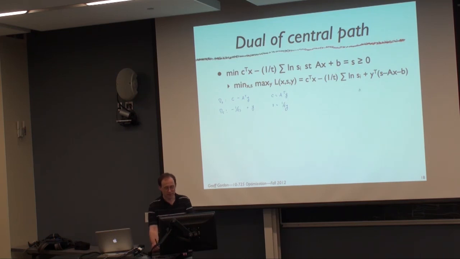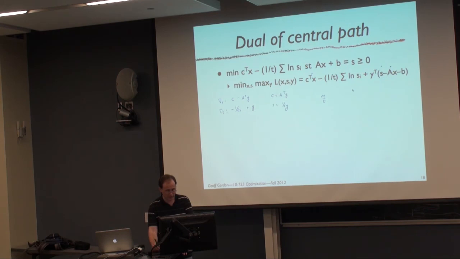And so if we just substitute these back in, we will get that A transpose y plus A transpose y minus c is equal to 0, right? So those terms drop out. S is 1 over t y, so y transpose s is then just m over t, right? So that's this term.